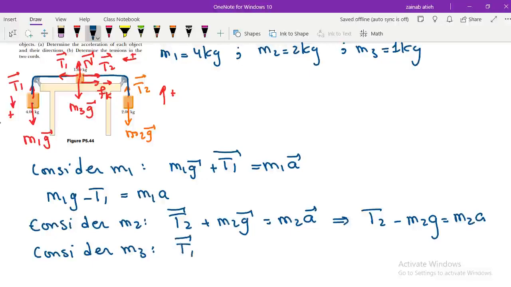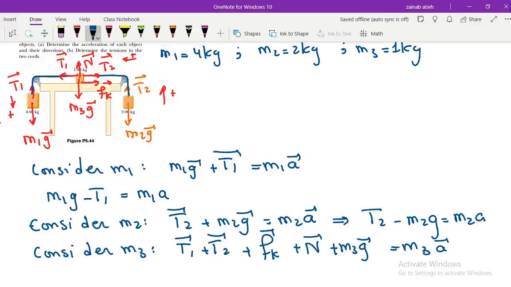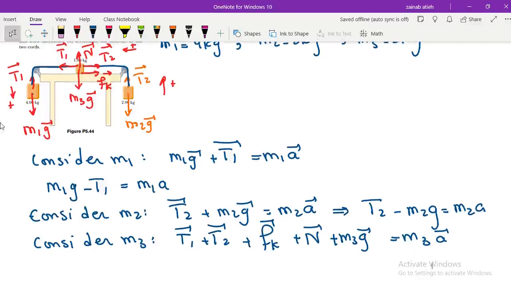I have the tension T1, the tension T2, the kinetic friction, the normal N, and the weight M3G. All these equal M3A. M3 was 1. Here I need to project on X and on Y because I have two directions of vectors. The positive is horizontal to the left.